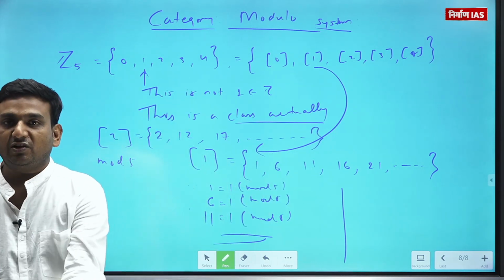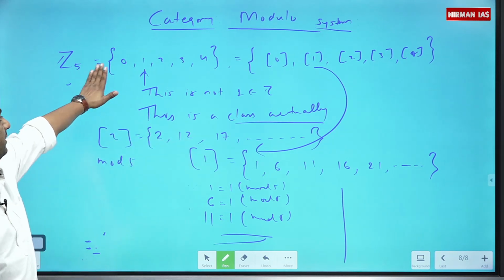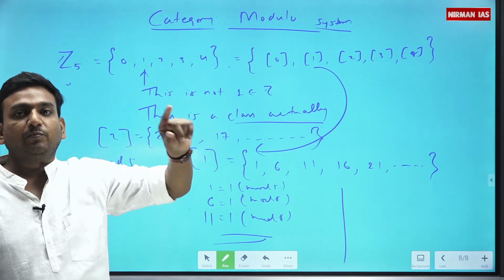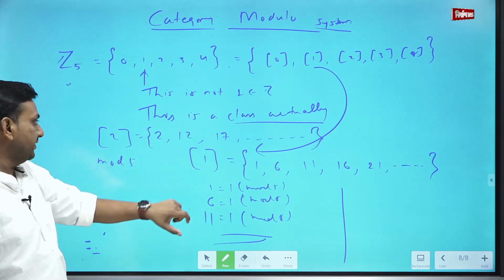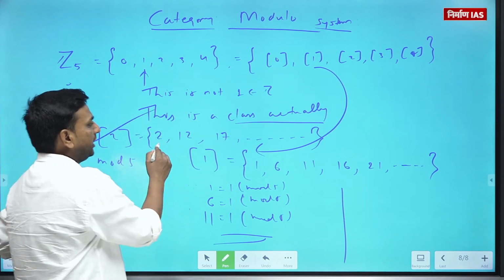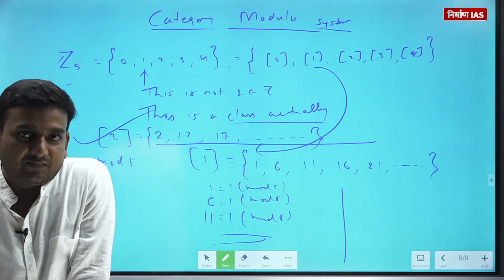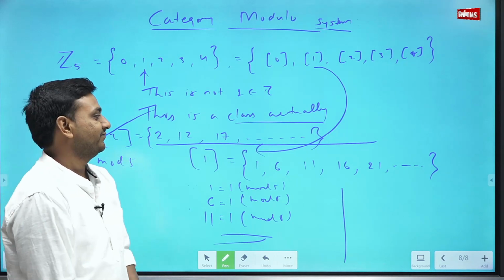I think now the picture will be clear to you guys that if I say Z5 like this, then this is not simply a number. This represents a class, and that class itself will contain an infinite number of elements. Is that clear? Everyone? Fine.